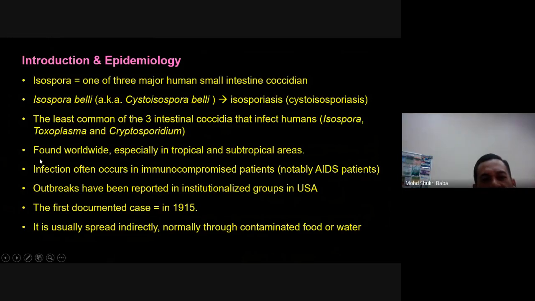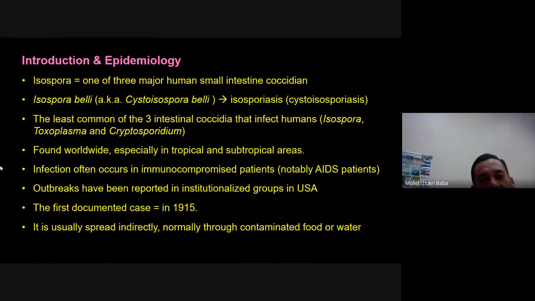However, it can be found worldwide, especially in tropical and subtropical area, including Malaysia. Infection often occurs in immunocompromised patients, notably in AIDS patients. Outbreaks have been reported in institutionalized group in USA, but also in Malaysia as well.